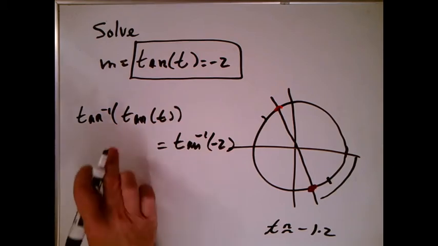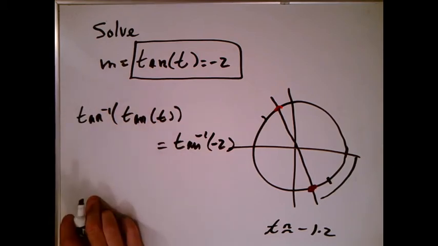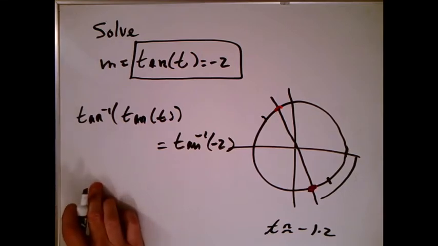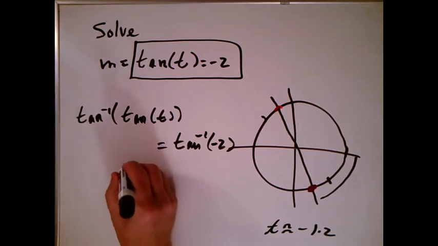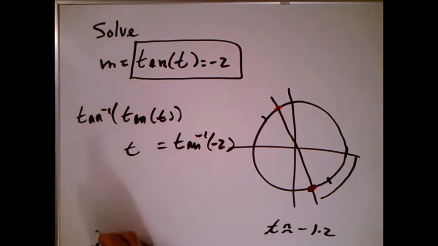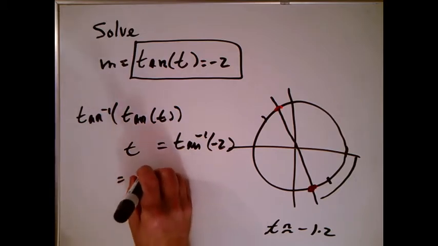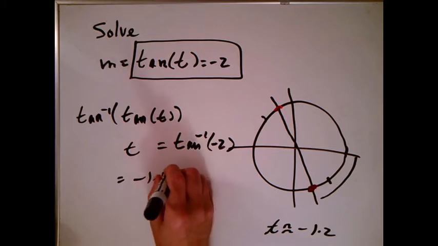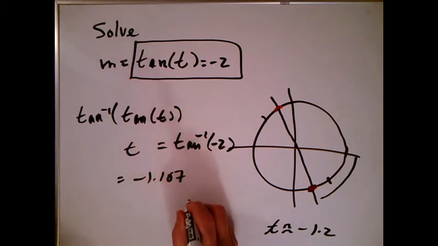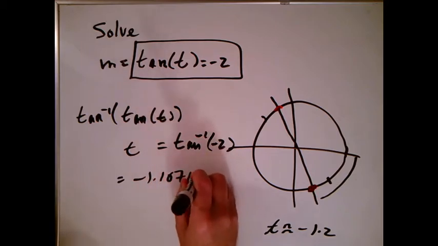Well, remember that tangent does horrible things to t, but inverse tangent is designed to completely undo it. So what you should be left with over here is t. So I'm going to go to my calculator, and the calculator says that inverse tangent is equal to -1.107.